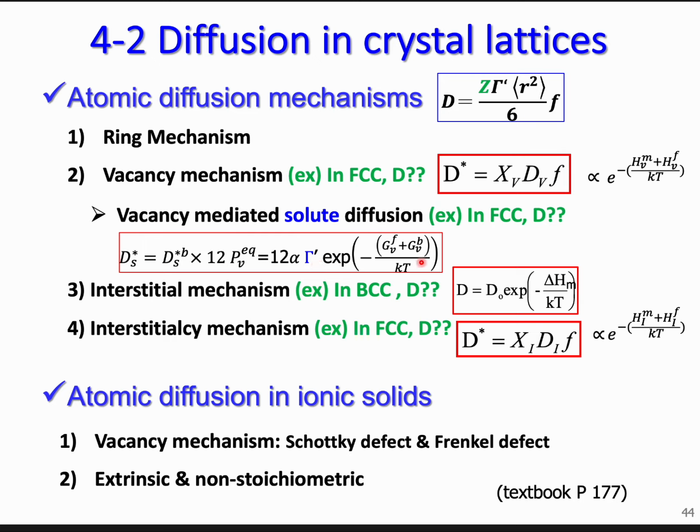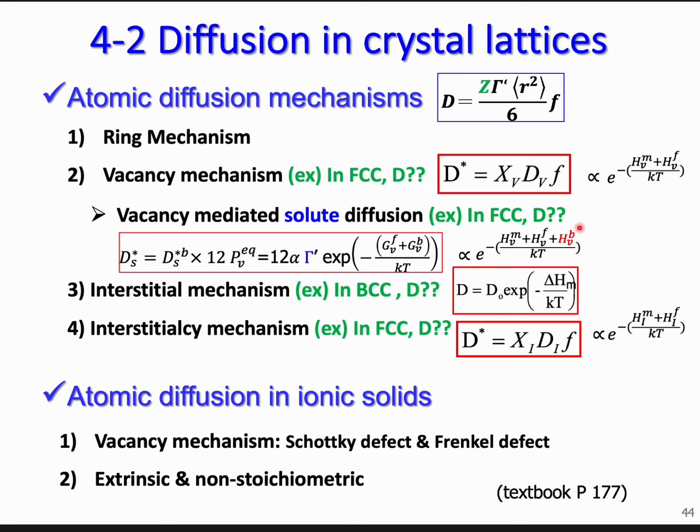But based on this description, if you focus on the exponential term, gamma prime is also a migration energy, so you combine the exponential temperature-dependent terms together, and you find that the exponential term actually includes the formation energy, the vacancy migration energy, and the binding energy.